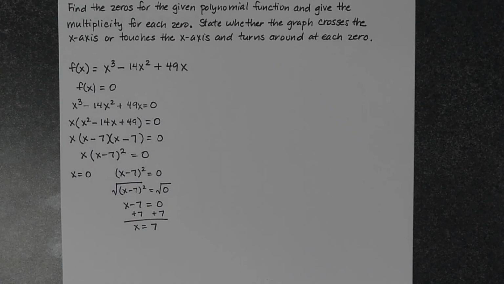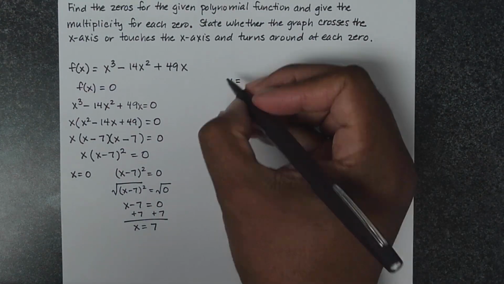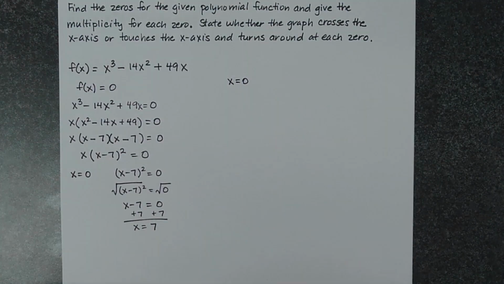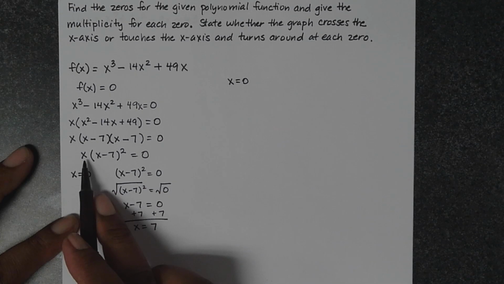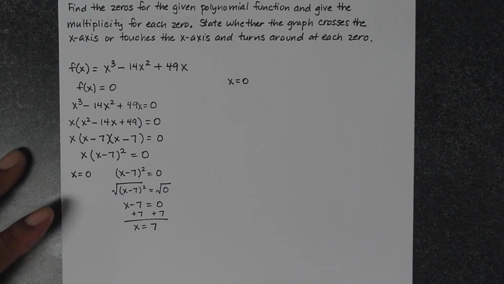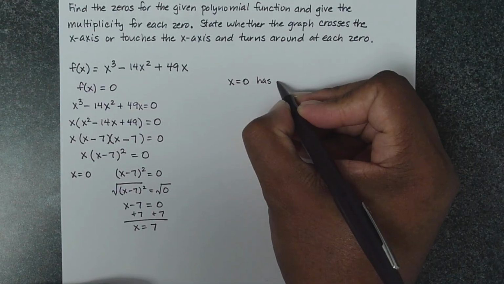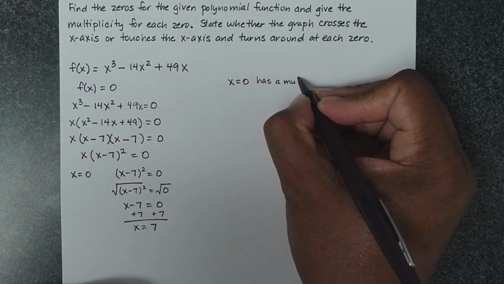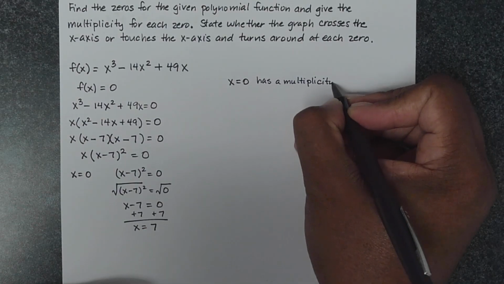Now, what I need to do here is state their multiplicities. Starting with x equals 0. Well, x equals 0 came from the x, and the exponent for the x is the understood 1. So that means x equals 0 has a multiplicity of 1.